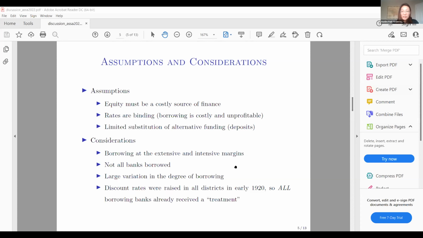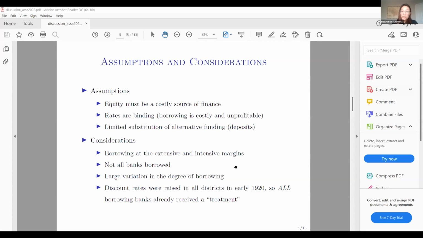But you also have to think about additional considerations, because borrowing is an endogenous decision by the bank. Not all banks were borrowing; some were and some were not, and depending on their conditions, there was a large degree of variation in the level of borrowing.